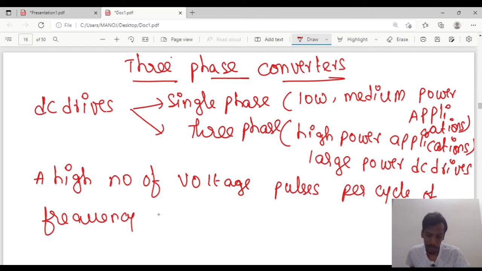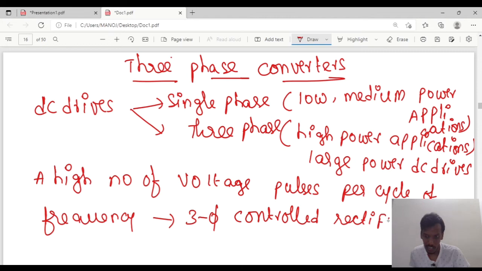It is obtained through a three-phase controlled rectifier. So a high number of voltage pulses can be generated with a three-phase controlled rectifier.